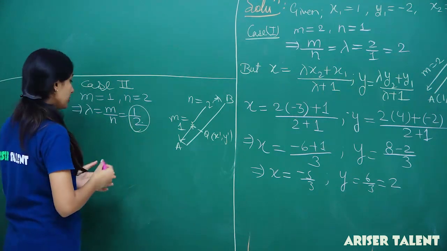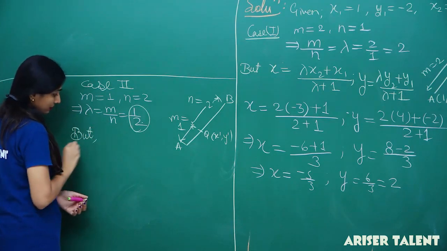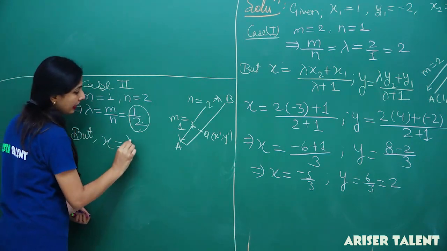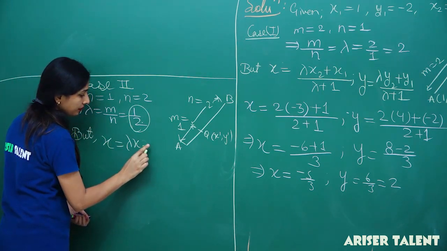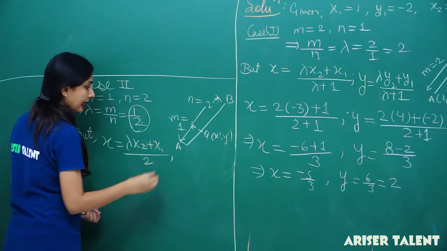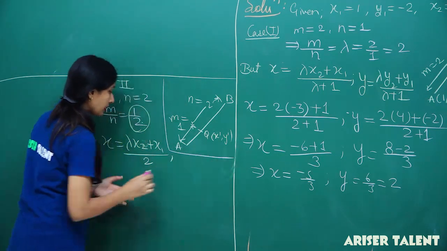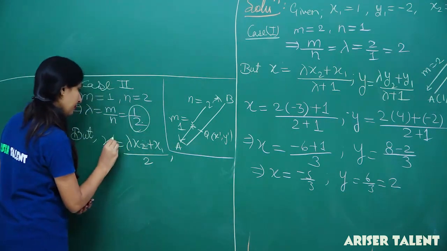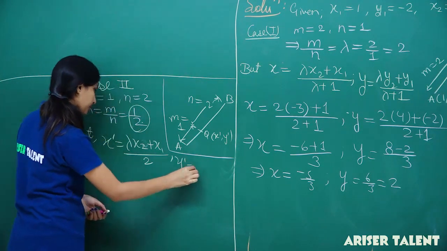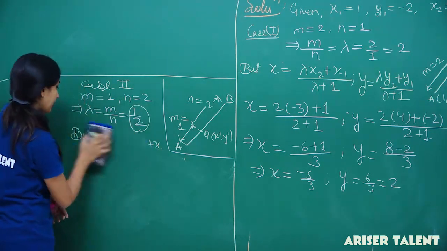Now I am having this amazing formula, right? What? That x equals, say, lambda x2 plus x1 by 2, and that will be x dash, okay, and y dash equals to, or should I write it in the same line?